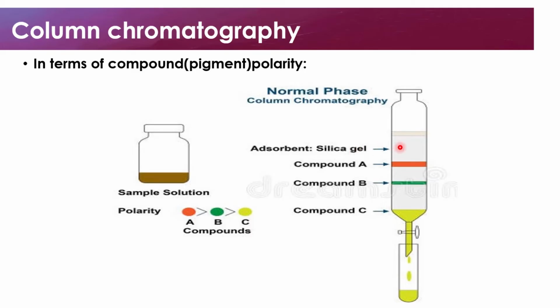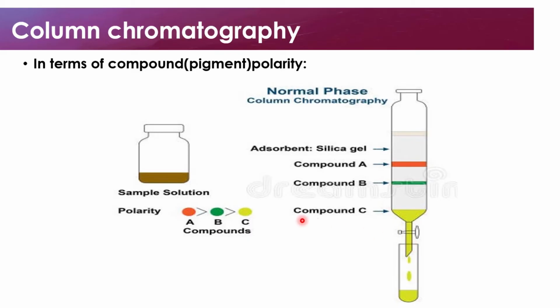These are the various compounds separated from our sample solution during the chromatography process. We have compound A, compound B, and compound C, with compound A being the most adsorbed onto the stationary phase, which is the silica gel, followed by compound B, and compound C being the least adsorbed and hence eluting first, as shown in the picture.